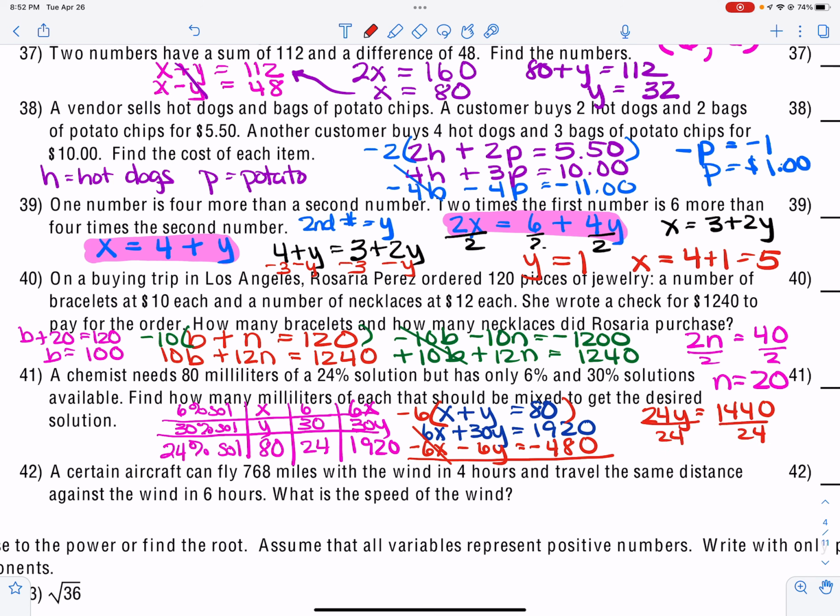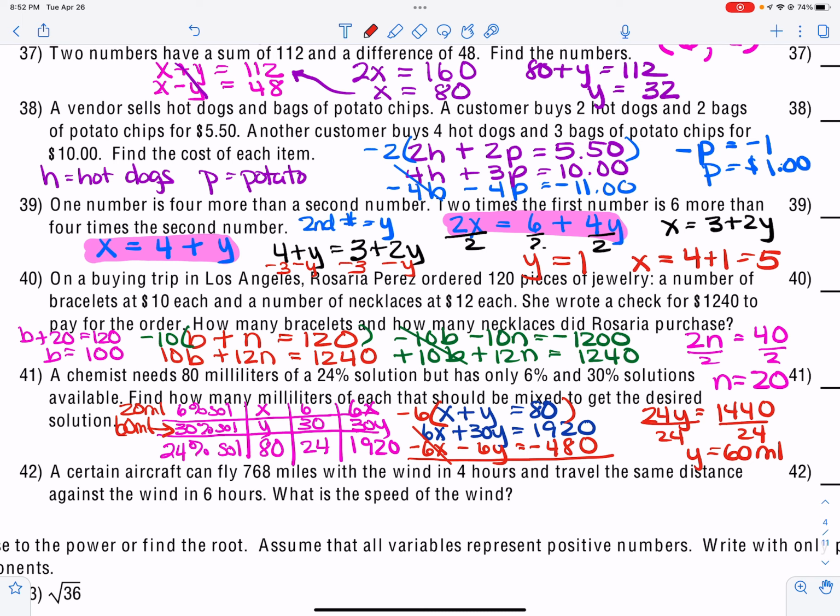And so that gives me that I need 60 milliliters of the 30% solution. So 60 milliliters. And that means I would need 20 milliliters of the 6%. And 20 milliliters plus 60 milliliters makes the 80 milliliters.